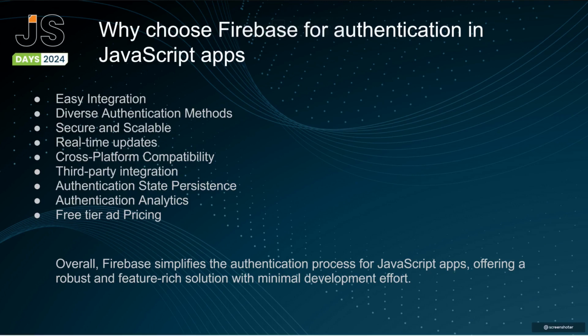So we have all the authentication state persistence built into this tool. Also, you have authentication analytics, so you can check how users are performing inside your application. And the best thing here, we have a free tier and pricing. So overall, Firebase simplifies the authentication process for JavaScript apps, offering a robust and feature-rich solution with minimal development effort.